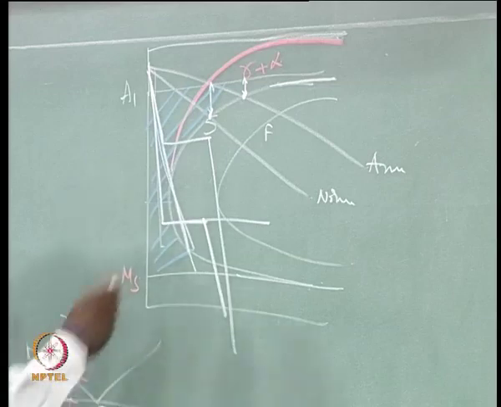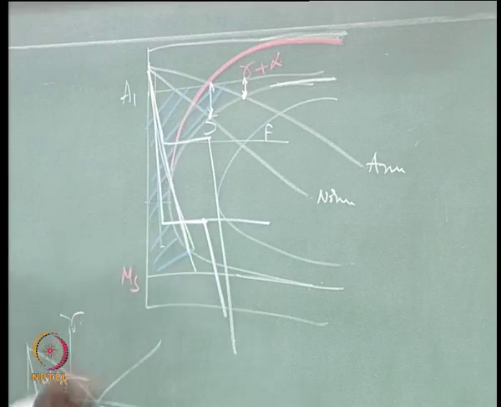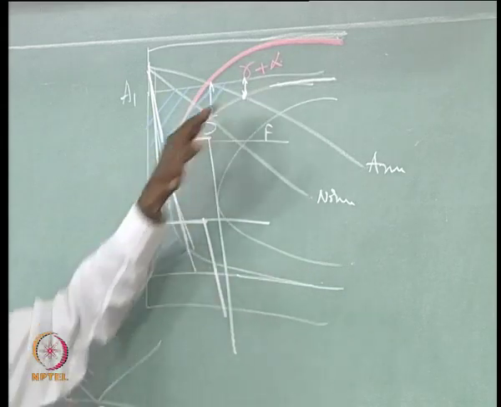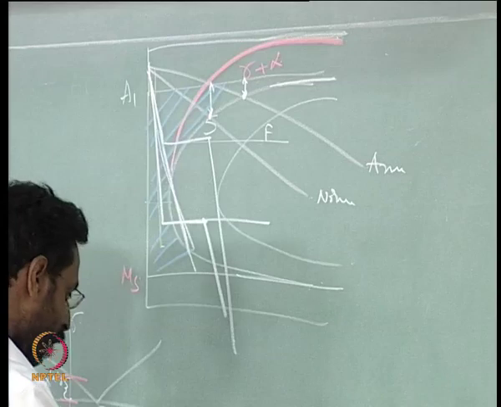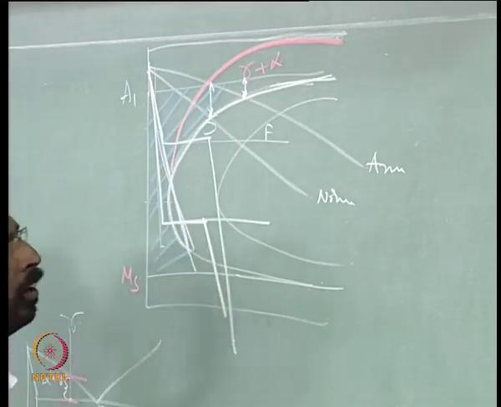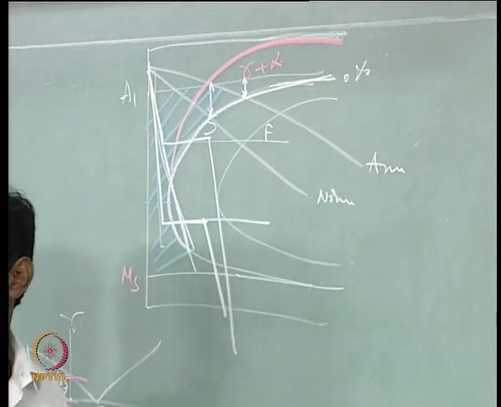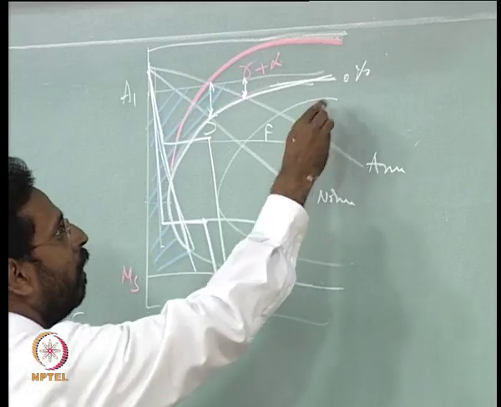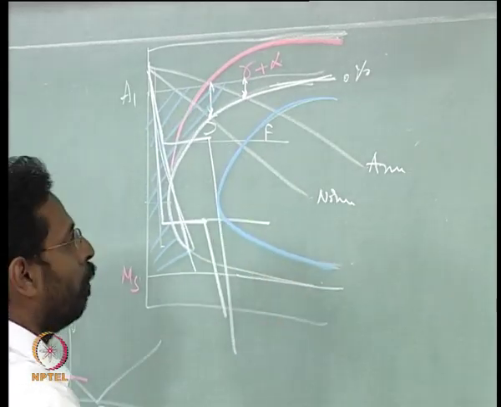One can draw a number of other isotherms here. If you call this the start of transformation, it means 0% transformed. If you call this the end of transformation, it means it is 100% transformed.